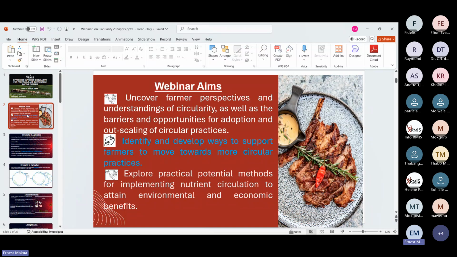And lastly, our focus is also to explore practical methods for implementing nutrient circulation to attain the environmental and economic benefits that come with the circularity of nutrients in cattle enterprises across South Africa.